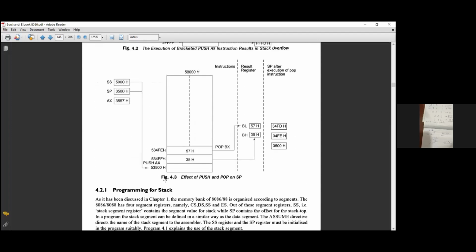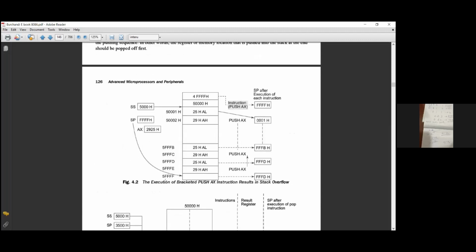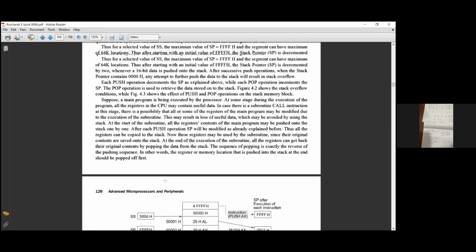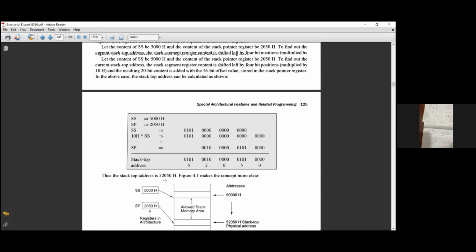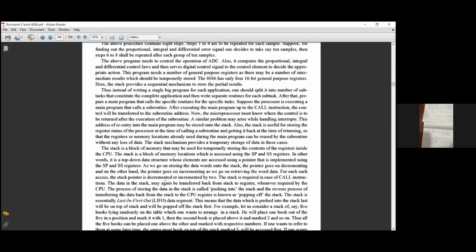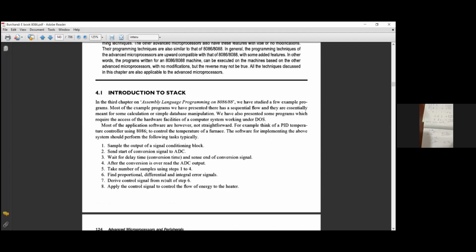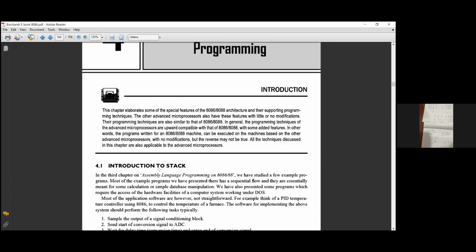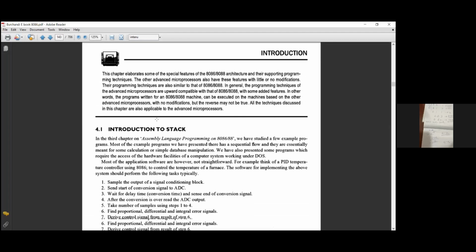Oh, no. Go up. Interrupt table. Just find the interrupt table.